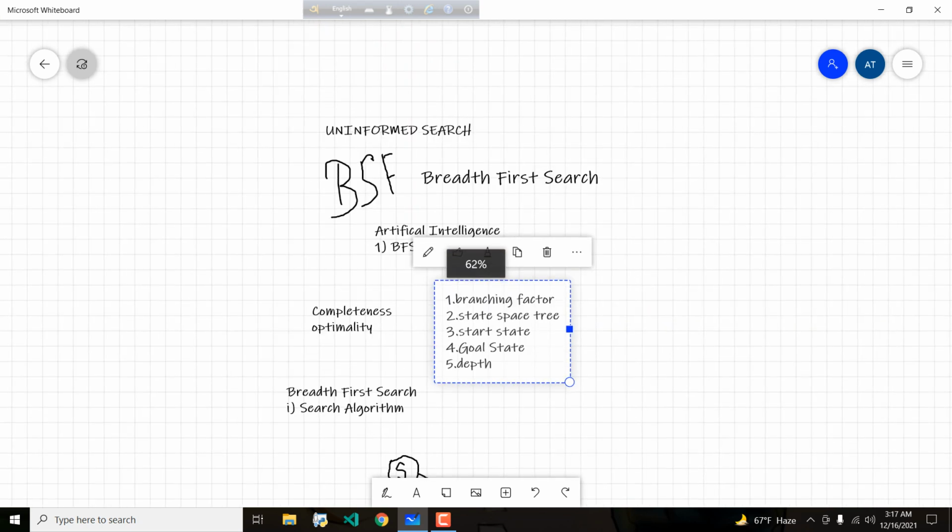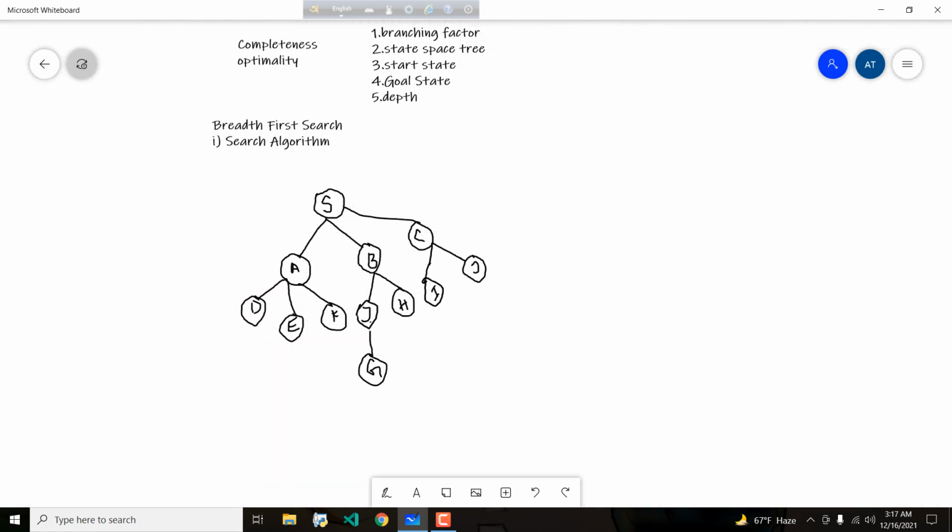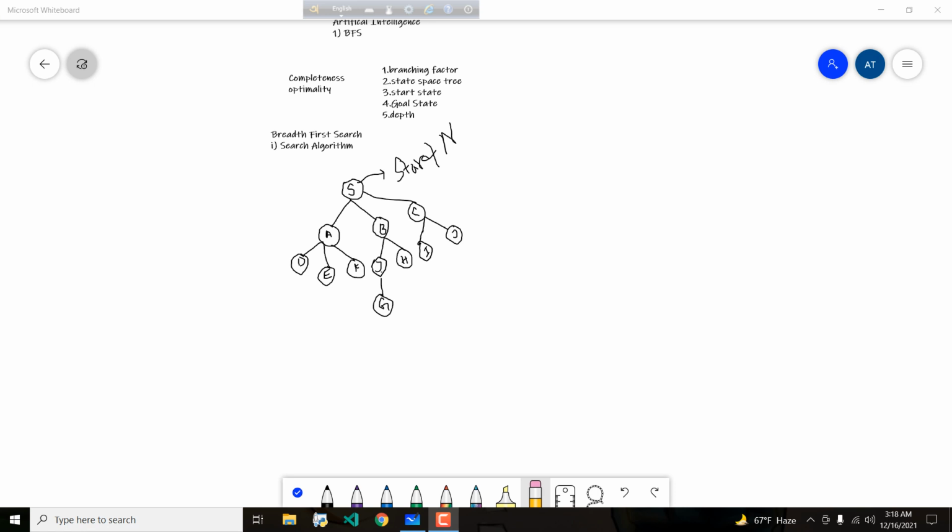So BFS, breadth first search, is a searching algorithm, and here we have a tree. You can see this is the first node, and this node is called the start node or start state.